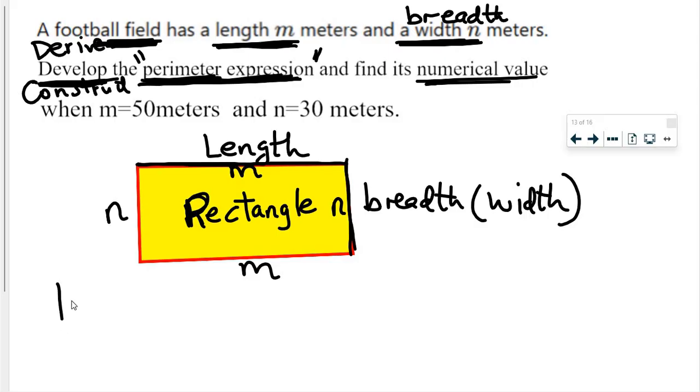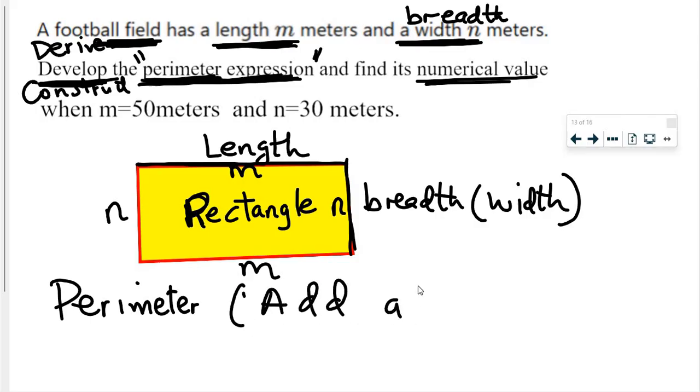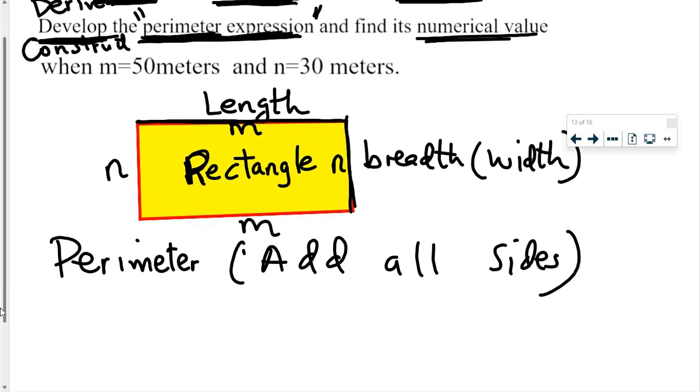We know that perimeter is simply add all sides. That is the concept. Perimeter of any shape, be it a square, a pentagon, a hexagon, or a triangle, is simply add all sides.